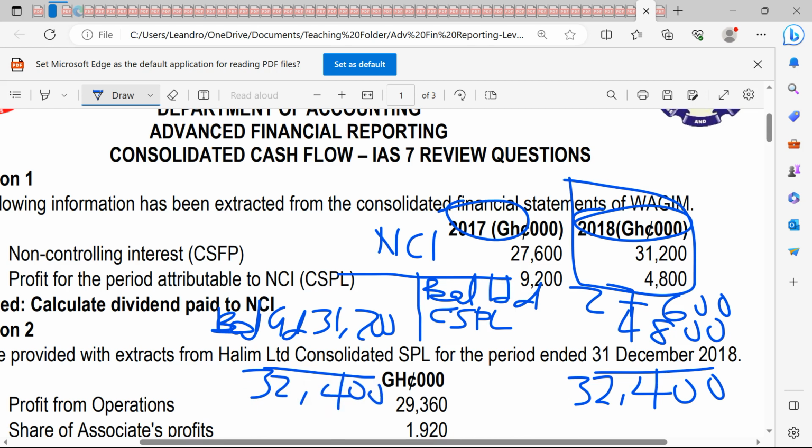And therefore, you have a difference of 1,200, which goes to cash.